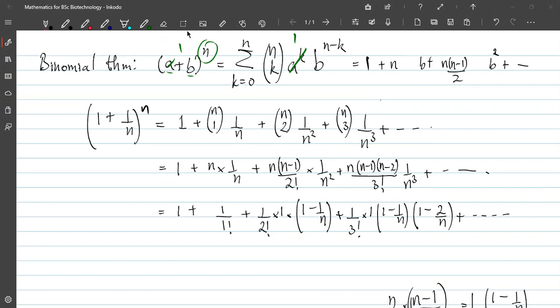In this application of the binomial theorem, this is b. A is 1, b is 1 by n. So the powers of 1 by n are over here. So this is b, b square, b cube, and so on. Is that clear, or are you asking something else?